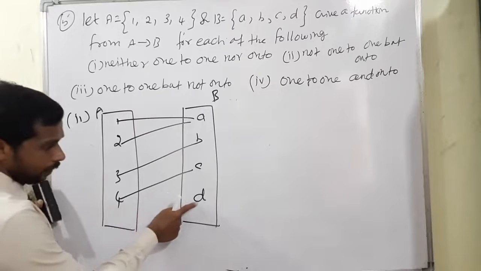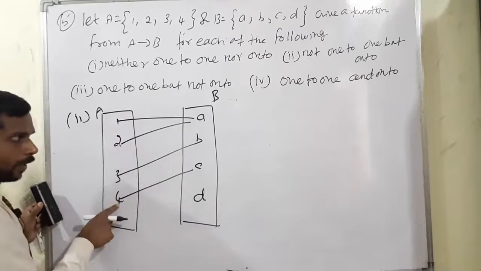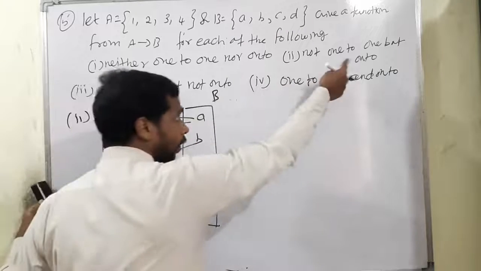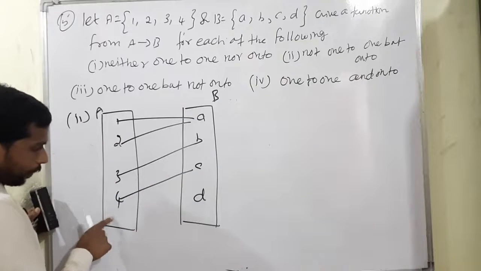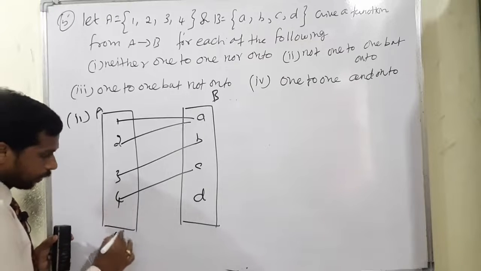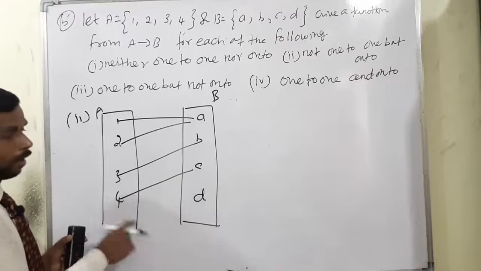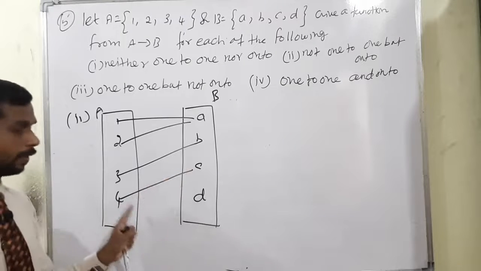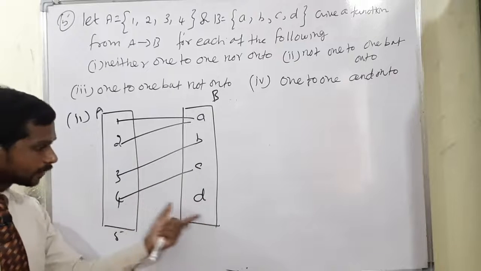Here there are only the elements 1, 2, 3, 4. If there were more elements in set A, for example a 5, then D could map to 5 and we could say not 1 to 1 but onto. So why is it not possible? The number of elements in the domain is equal to the number in the codomain, and we have the same value.